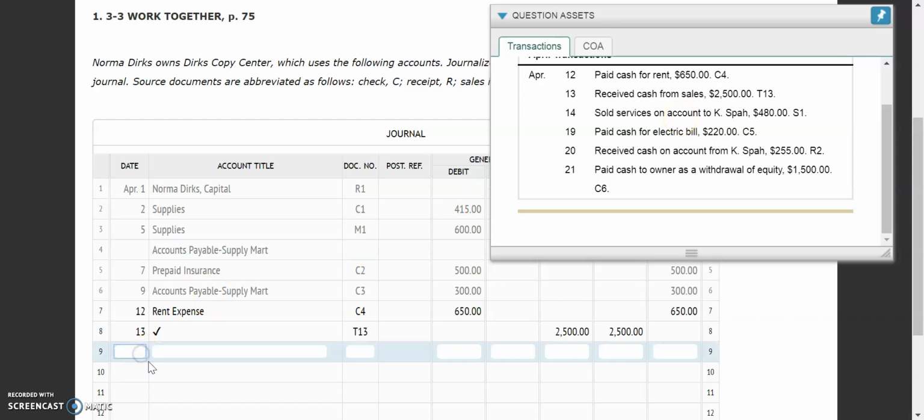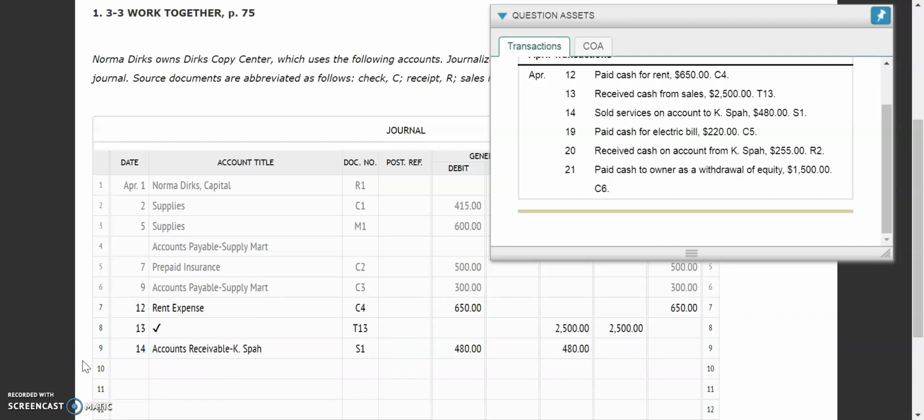So we come down here and we put the 14th. Our account title is going to be accounts receivable, K-Spa, S1 for sales invoice 1, and accounts receivable gets the debit of $480, and our sales gets a credit of $480. And that is our third transaction for today.